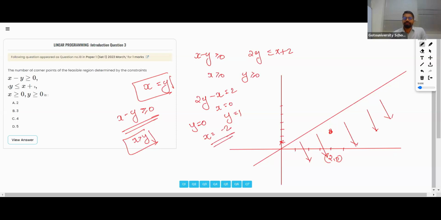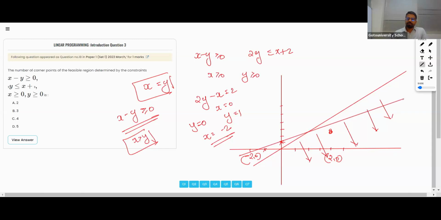So another point is minus 2, 0 here. If I draw the line like this, it will go like this.